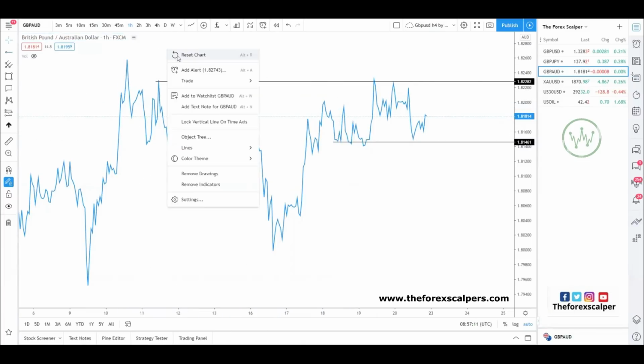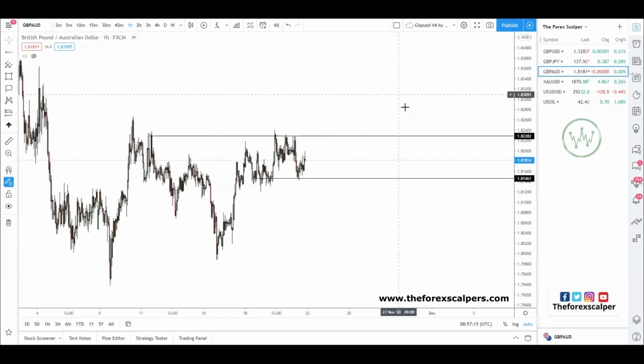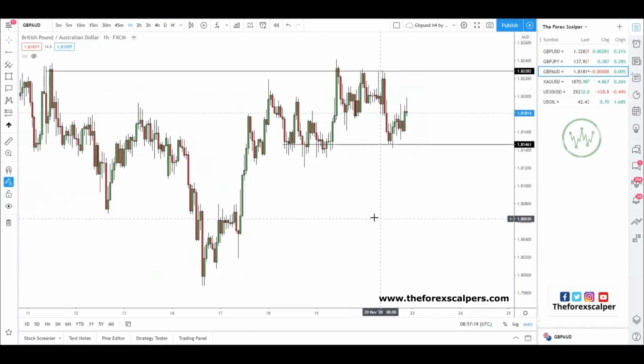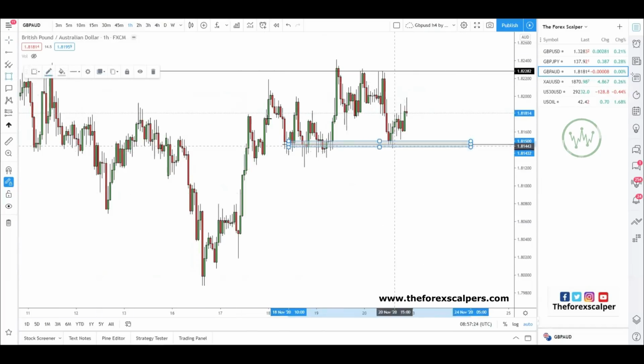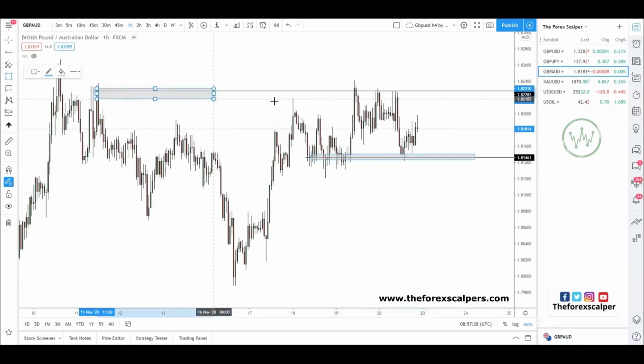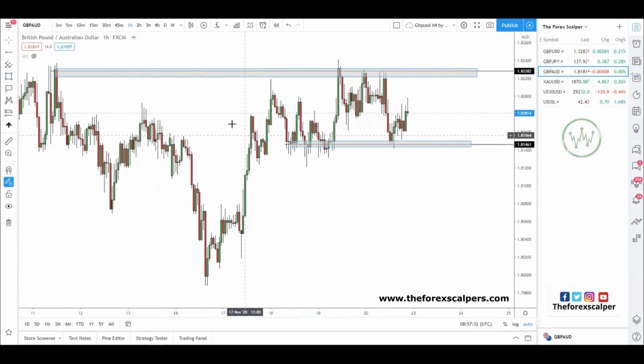So, example charts. Just super simple examples, nothing that hard to identify. Just a couple of simple retail levels to give you an idea.